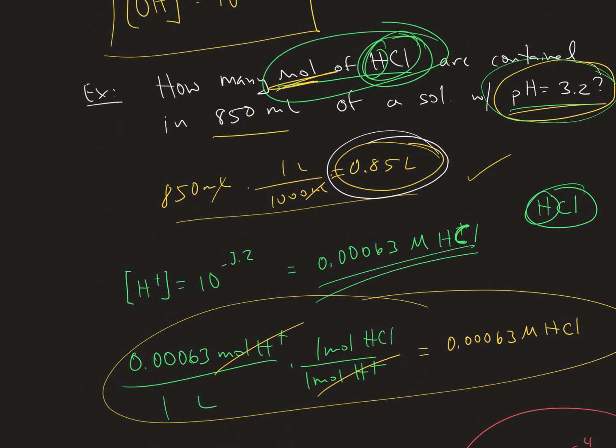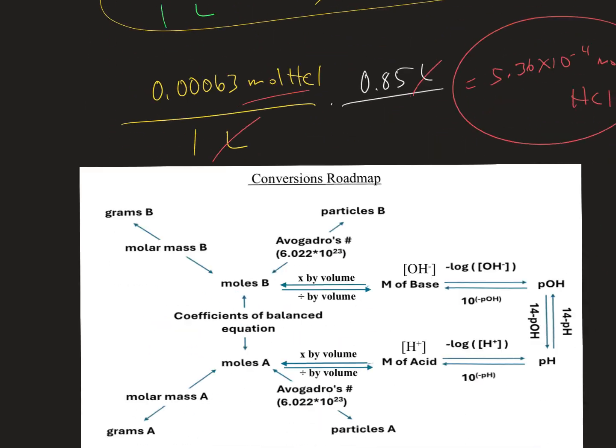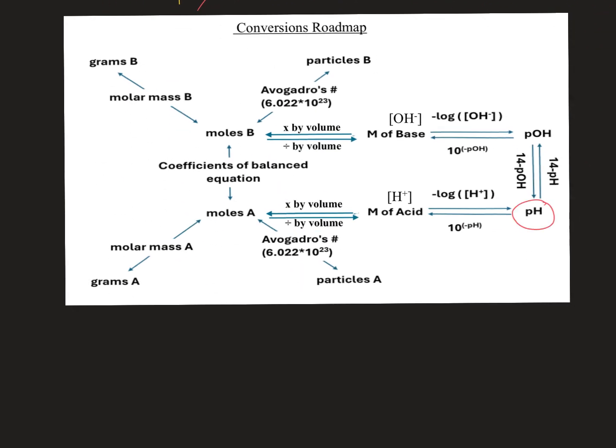We started with our pH of our acid, and we wanted to go to moles of acid. I do 10 to the negative pH to get molarity of my acid, and then I multiplied by the volume to get moles of my acid. That's it. You with me?